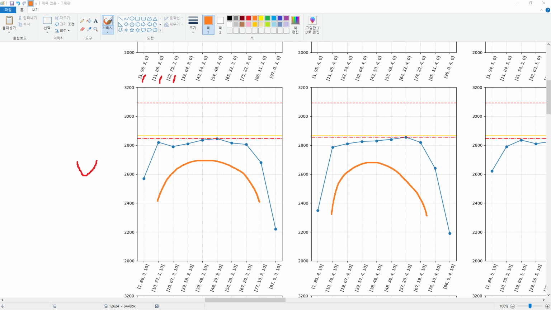What is this shape? What should I call it? Should I call it convex or concave? Depends on how I look at it, well. Yeah, it's a curve.